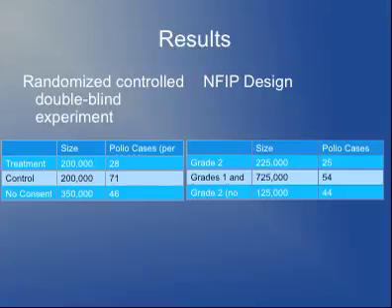And under the NFIP design, we still got the same main take-home message, namely that grade 2 that got the vaccine had lower incidence of polio than grades 1 and 3 that didn't get the vaccine, and those whose parents didn't give consent had higher incidence than those who got the vaccine, but lower incidence than those who consented and said no. But the effect sizes were much smaller because the NFIP design introduced these other confounding variables that we didn't get in the fully randomized controlled design.